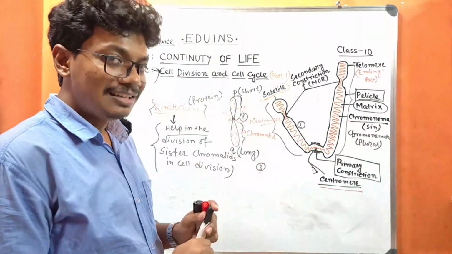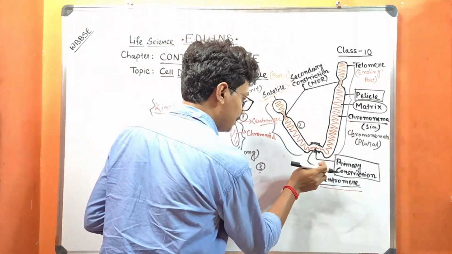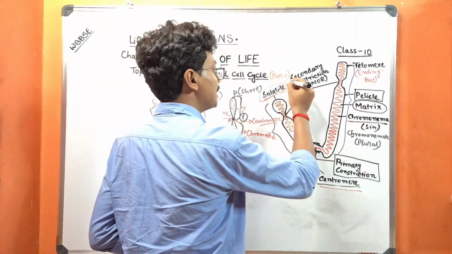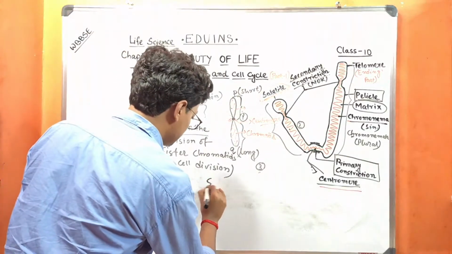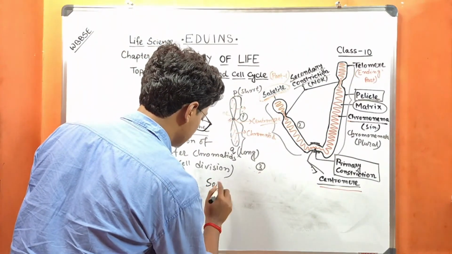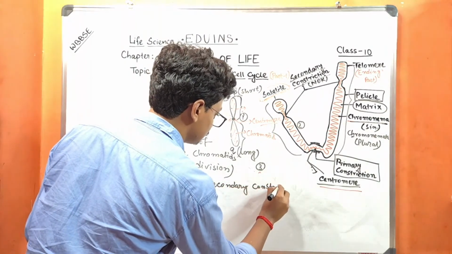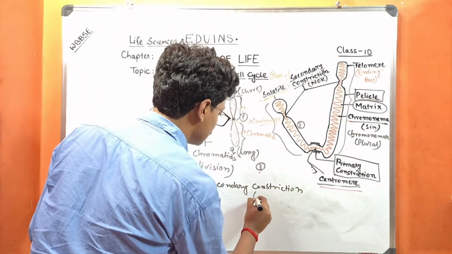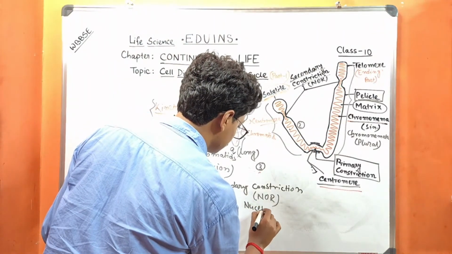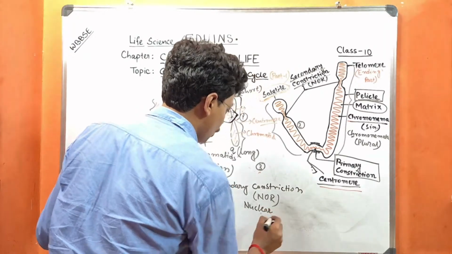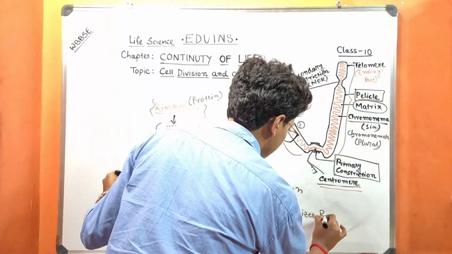And there is another region, another constriction beside the primary constriction. This is known as secondary constriction, also known as NOR, or nuclear organizer region.